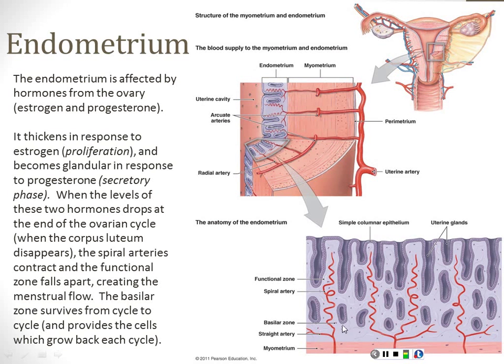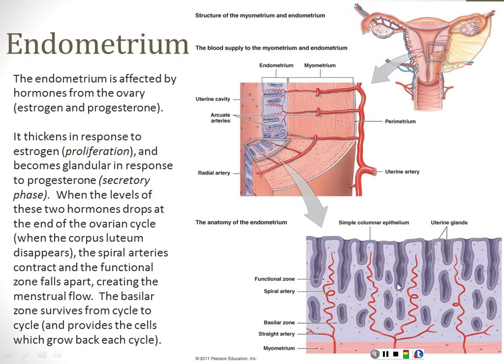Now, one interesting feature of this is cells need blood to survive. Okay, so how do we have a tissue that gets thick and then falls apart and gets thick and then falls apart that can still have a blood supply consistently? Well, in come these spiral arteries. So these guys right here, when the endometrium is thin, they're kind of compressed like a spring. Okay, so same arteries, but they're short and not very tall.